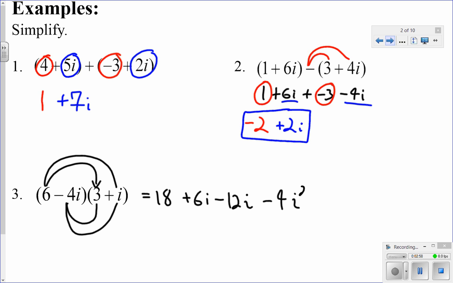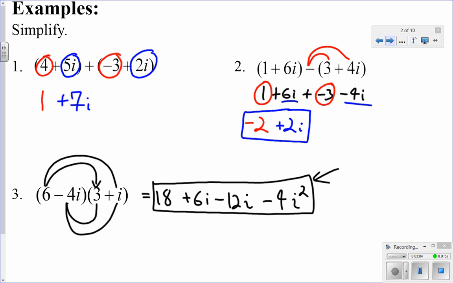-4i squared. I'm not done yet because I need to realize that this here, i squared, is not in the complex form. So I need to do a substitution. So I'm going to collect my like terms where I can. I get 18, and then plus 6i minus 12i is going to be a -6i.